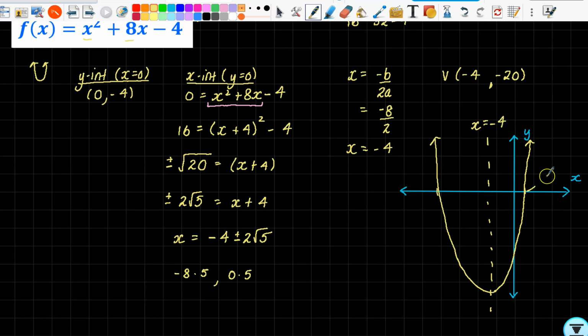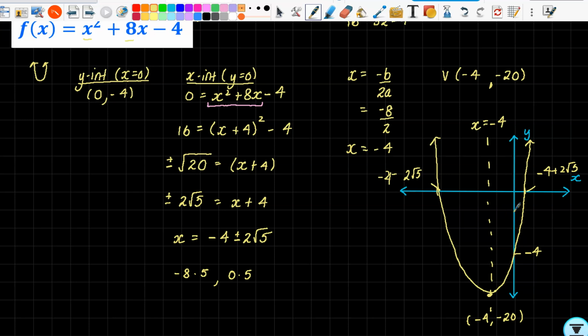So this now becomes minus 4 plus 2 root 5, and our friend over here is minus 4 take 2 root 5. And my vertex here is minus 4, minus 20. The scale is a little bit dodgy there. It could have been a little bit higher up, but anyway, I'm happy with that.